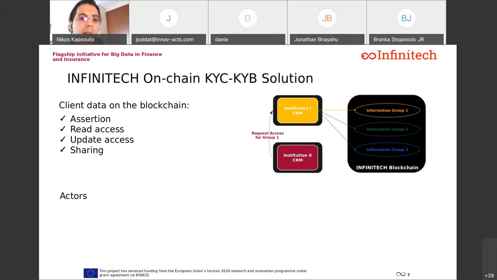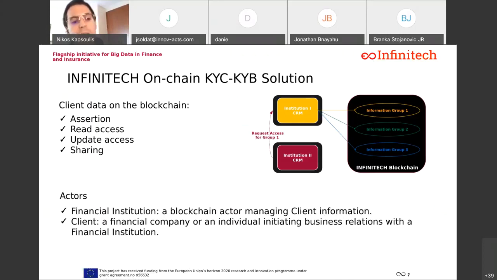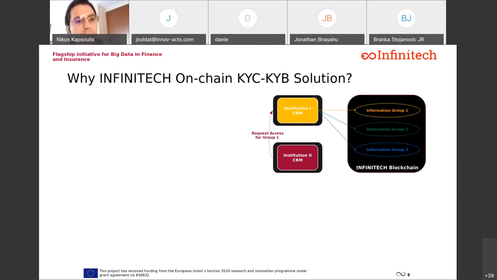And as we have understood already, the main actor is the client that approaches the financial institution and wants to be KYC onboarded, as we say, with the relevant data. So why do we need the INFINITECH on-chain KYC KYB solution?